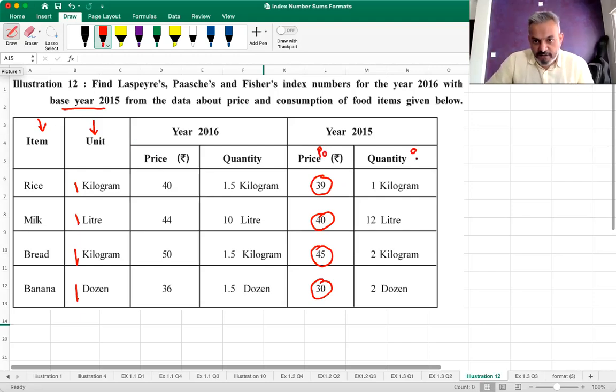Quantity of the base year, so Q0. Year 2016, current year, so P1, and quantity Q1. Please write this heading. I hope all of you have understood this price is of this unit.